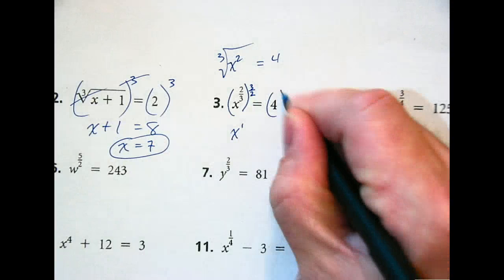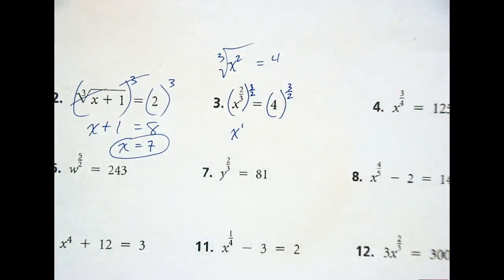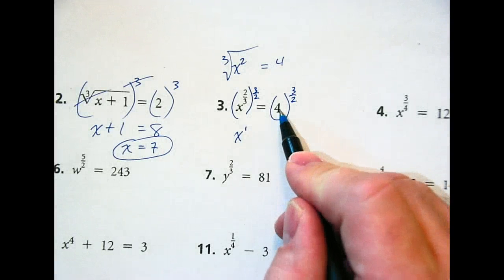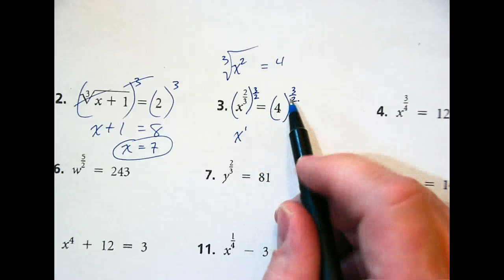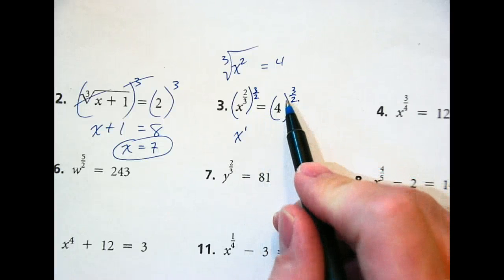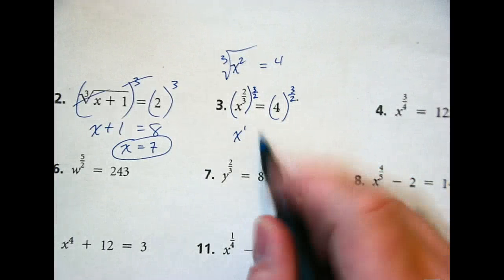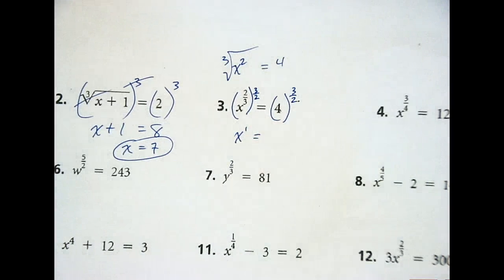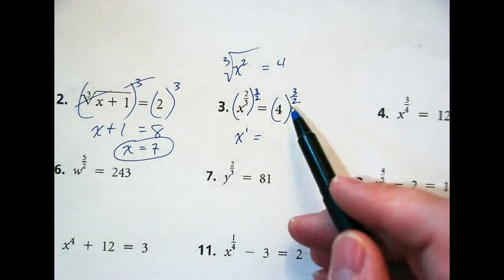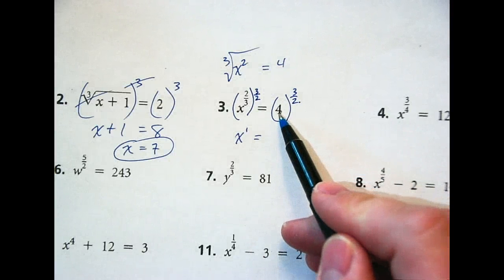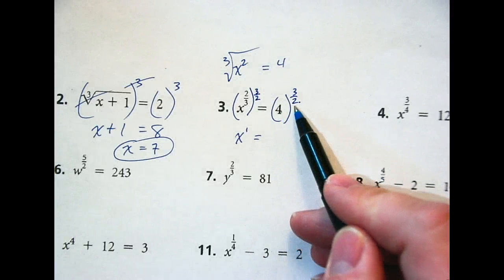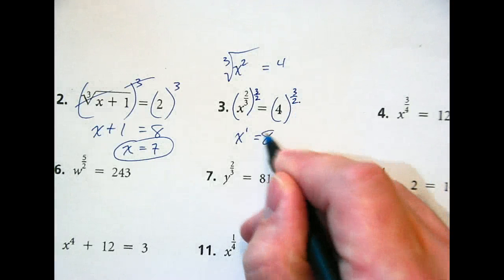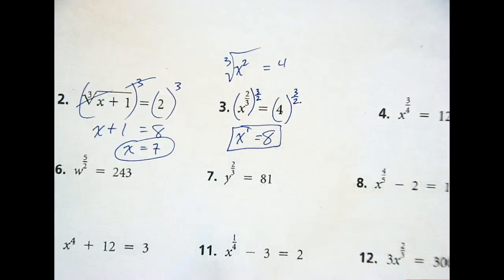And so I take the reciprocal of this one. And remember, your numerator is what you're raising this to. Your denominator is what root you're taking. So this would be one of those cases where rather than pulling out your calculator, you try to do it in your head. The square root of 4 is 2. Cubed is 8. And then you can check it using your calculator.